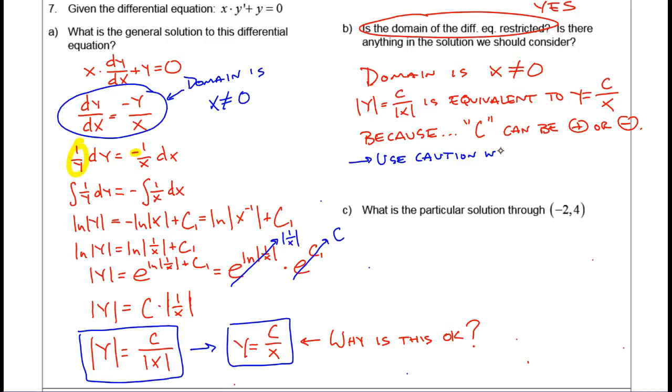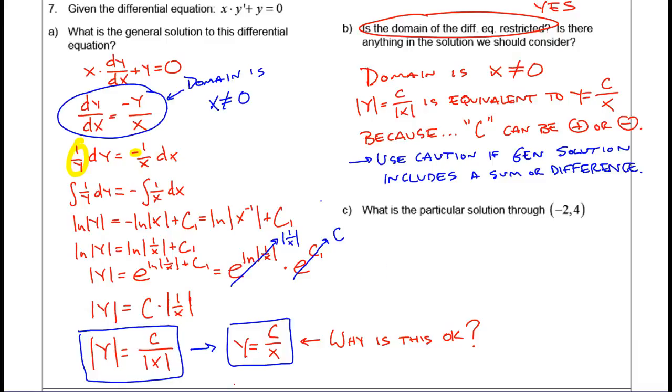Okay, so I want you to use caution if your general solution includes a sum or difference. If your general solution includes a sum or difference, you need to be very careful with the absolute value. In that case, more than likely, you will need to consider the piecewise definition of the absolute value functions. Let's move on to part C.